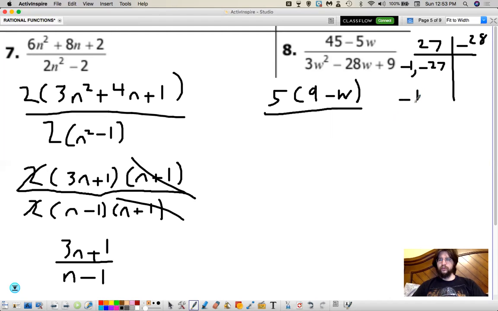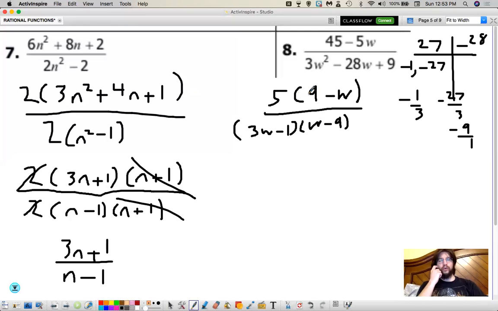So that's -1/3, -27/3. This reduces to -9/1. So this will factor 3w minus 1, 1w minus 9. And again, these are backwards, so that's going to cancel out, but to a -1.